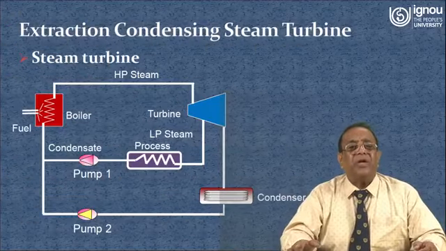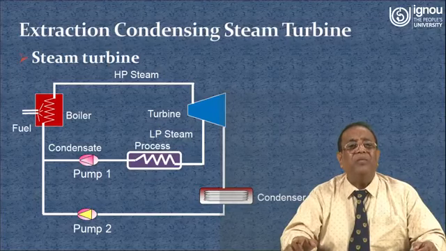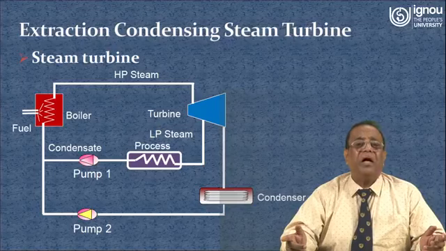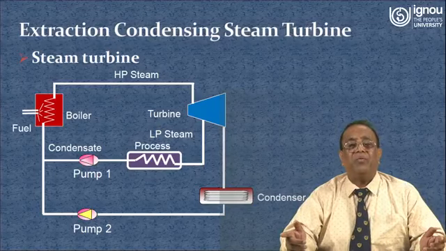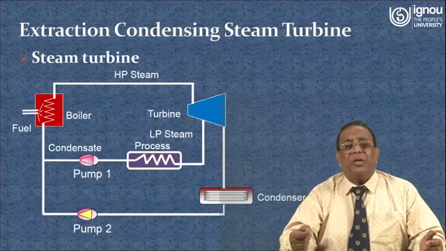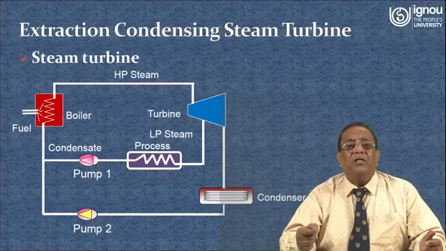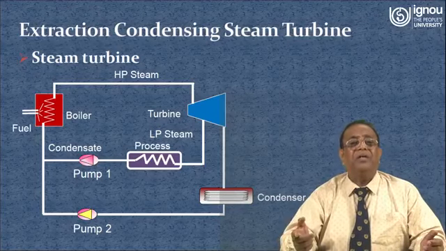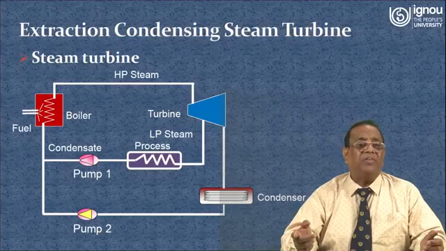So, this is the extraction condensing steam turbine. You see the boiler which generates steam, and the high pressure steam enters into the turbine. The steam is extracted from the steam turbine at a particular point as per our requirement, and that heat is recovered in the process heater.